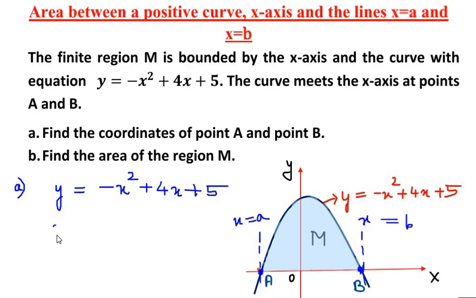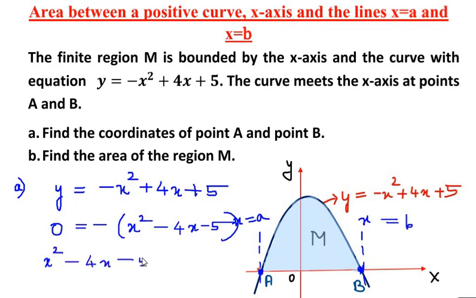Once we make y as 0, we can rewrite this equation by taking the minus common out so that x square becomes positive. So x square minus 4x minus 5 equal to 0.